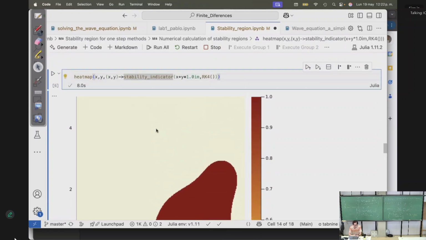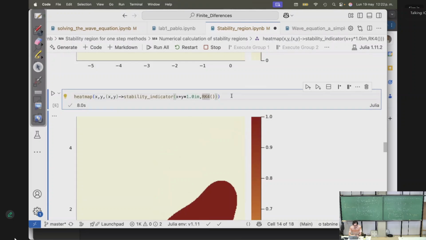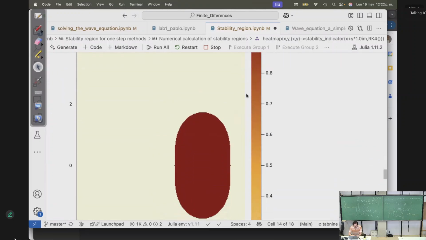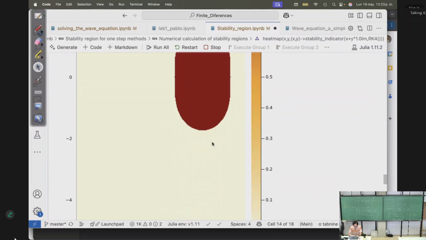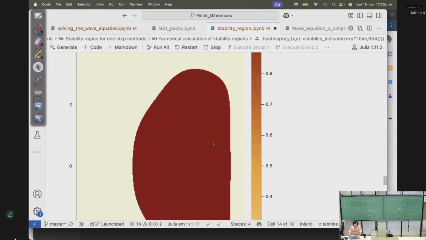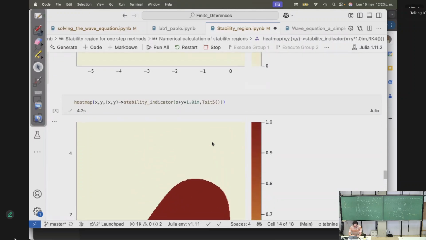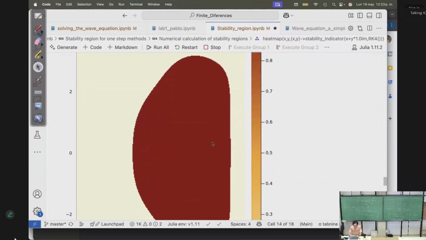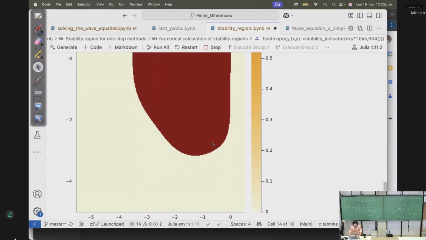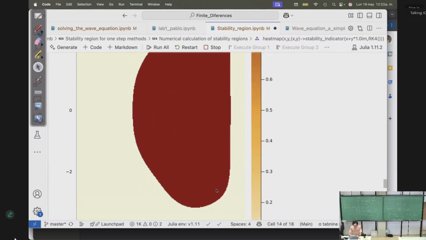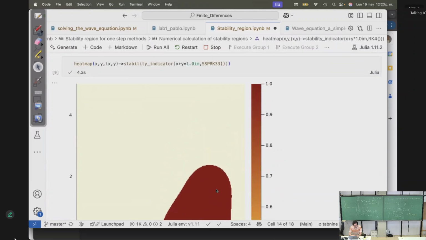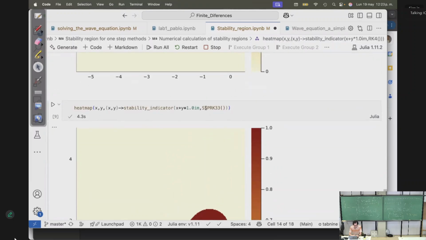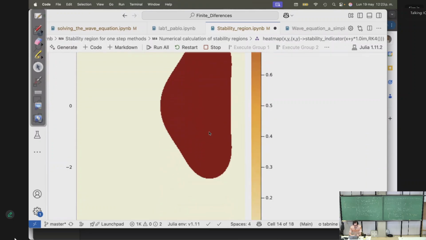Maybe we can put here, for example, I don't know what other methods we have here. This is Heun's method. This is TSIT5, for example. This is the stability region of TSIT5. So you see where you are, and we can just take any method that we want. This is a special case of third order Runge-Kutta method.